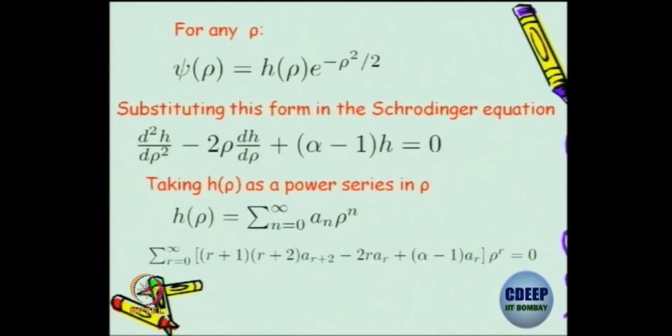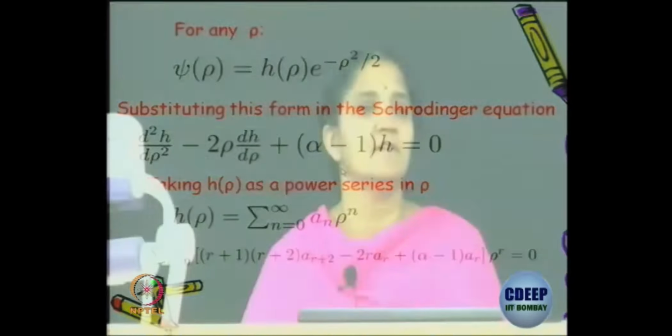Please substitute h of rho, and then for a particular power rho to the r, group all the terms which I have written in square bracket. And then the r is running from 0 to infinity. Why have I done this? What is the reason for doing this?